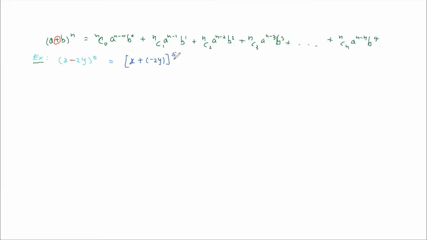Now compare: n equals 5 because the power is 5, a equals x, and b from the formula equals negative 2y. Okay, negative 2y.